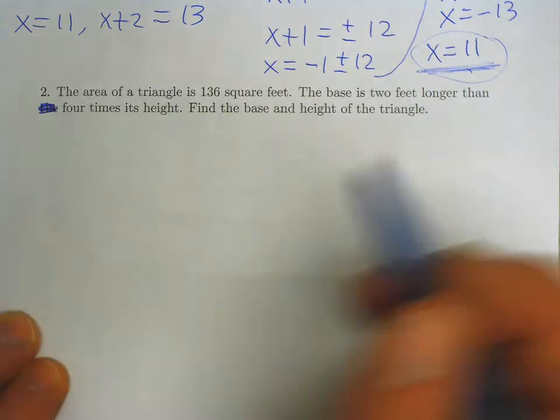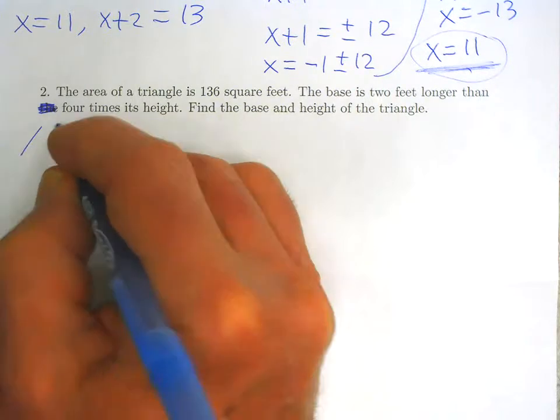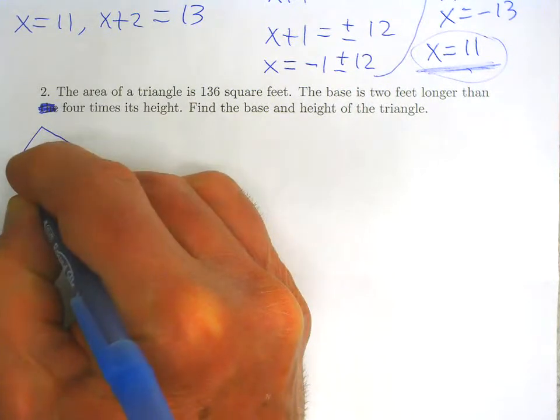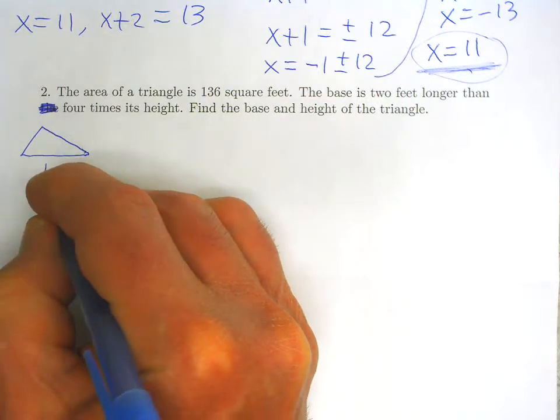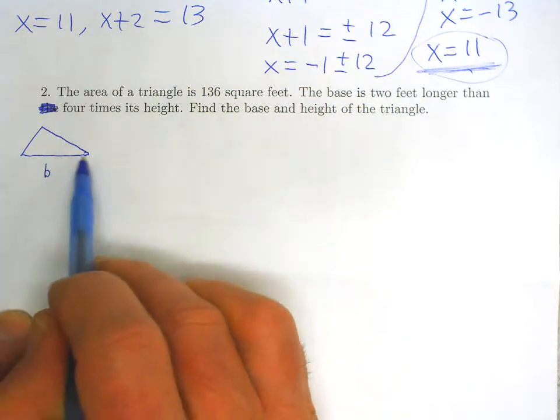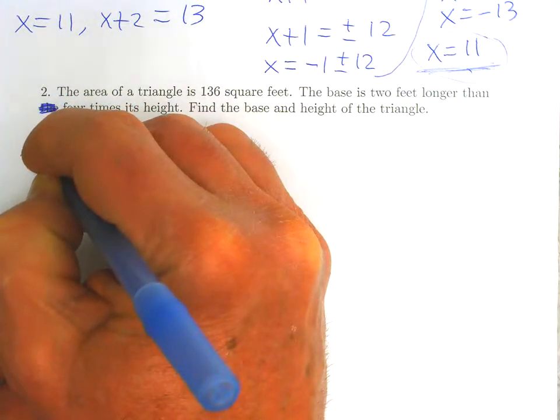Okay, for triangles, what you have to know going into this is that for any triangle whatsoever, you can always assign one side of the triangle to be the base, and then there's a corresponding height.